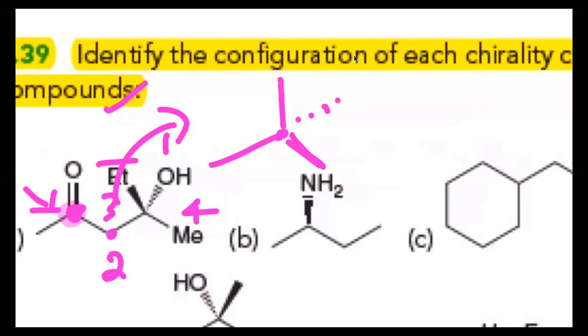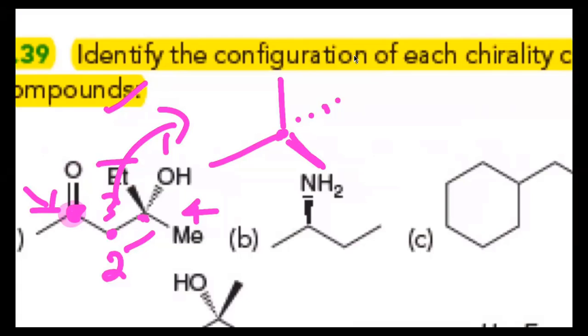You see how this bond right here, between these two carbons, is kind of down here? So all I'm doing is tilting it. And when I do that, that ethyl group is going to be pointed vertically.